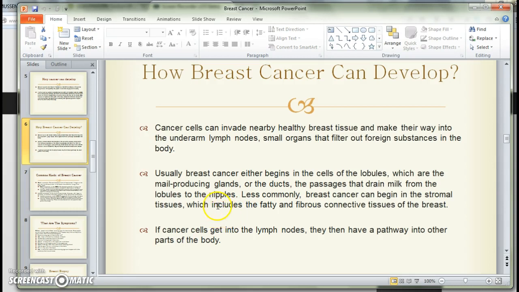Less commonly, breast cancer can begin in the stromal tissues, which include the fatty and fibrous connective tissues of the breast. If cancer cells aren't in the lymph nodes, they have other ways to enter the body.